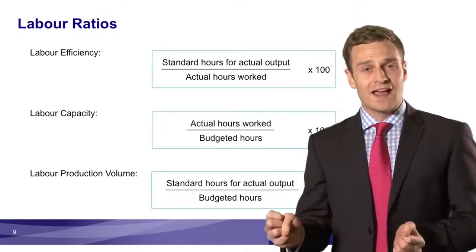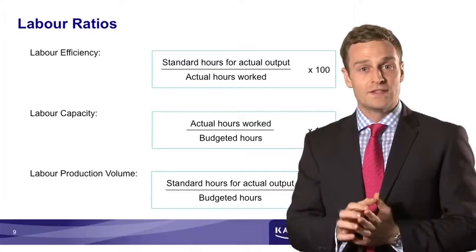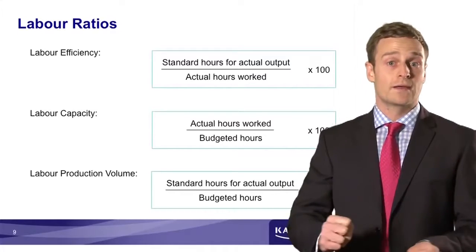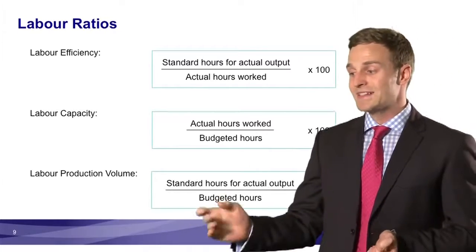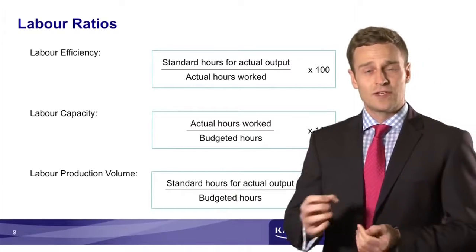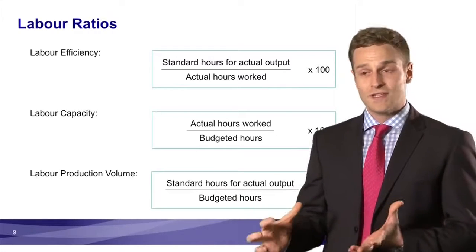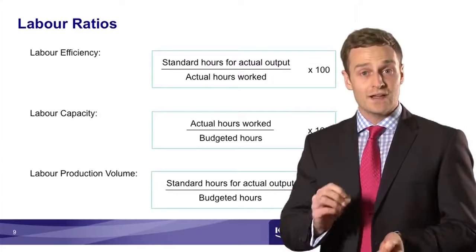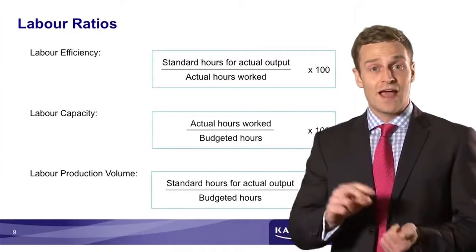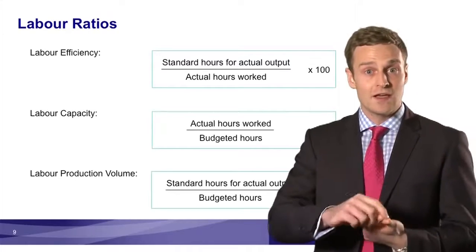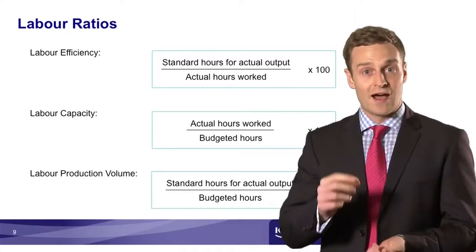Okay, next up, we're going to look at labour ratios and different ways that we can analyse how our staff are working. The first ratio we can look at is labour efficiency. To calculate your efficiency, what we need to do is take our standard hours for actual output. These standard hours are how long it should take our staff to produce that output.